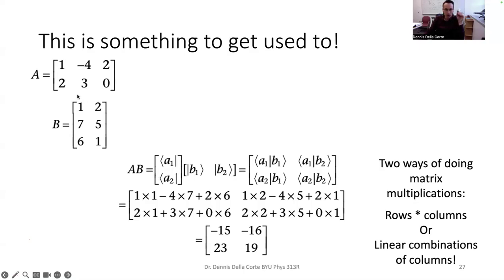Here's a way given. They say the A rows are row vectors, so you write the first as a bra, and the 2, 3, 0 you also write as a bra.